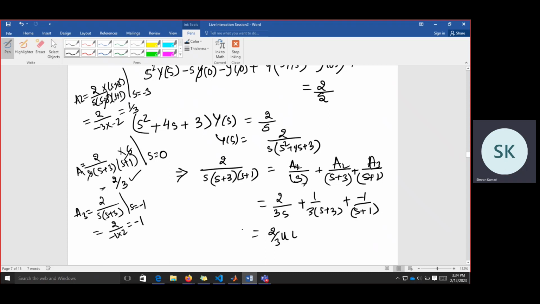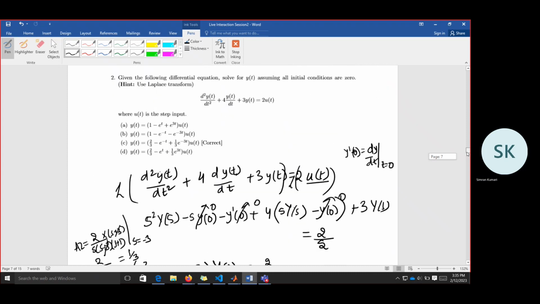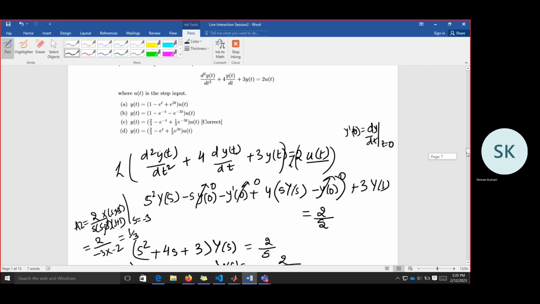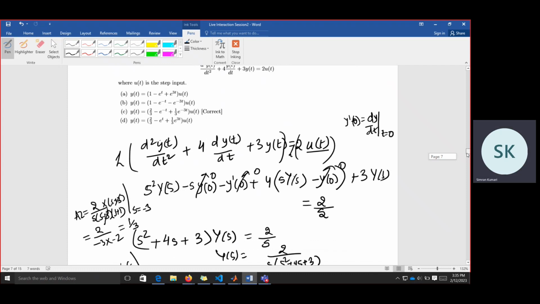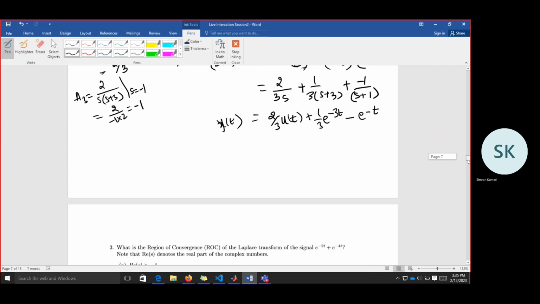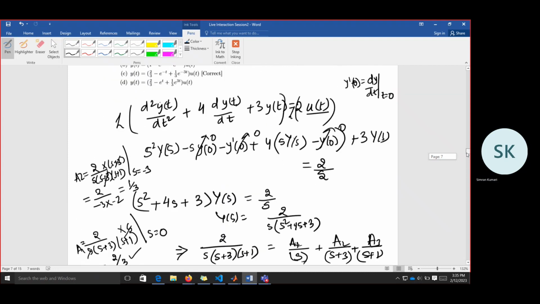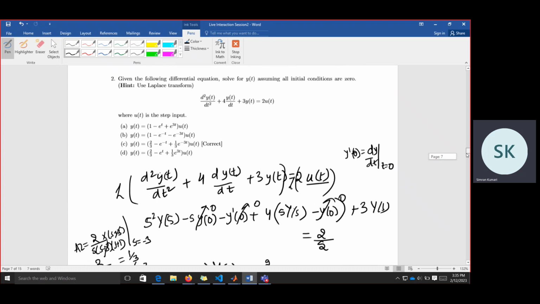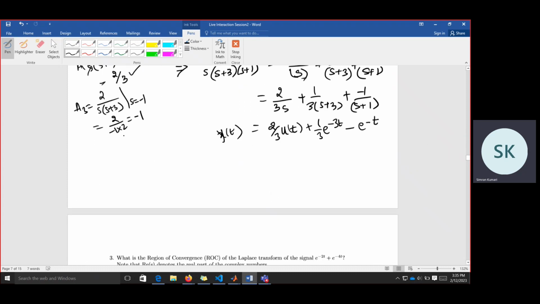So now we will take the Laplace inverse, or inverse Laplace transform, of this. So what will be y(t)? Let's see if we got the answer. The answer is 2 by 3 minus e to the minus t, and then plus 1 by 3 e to the minus 3t.